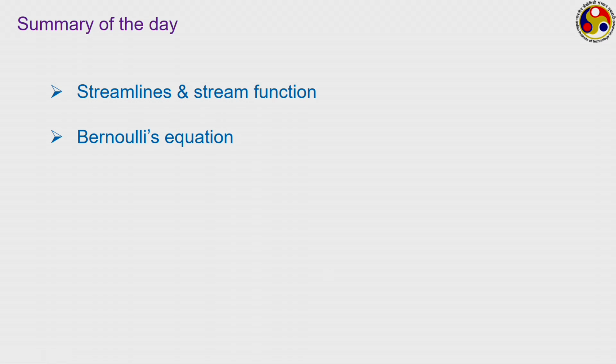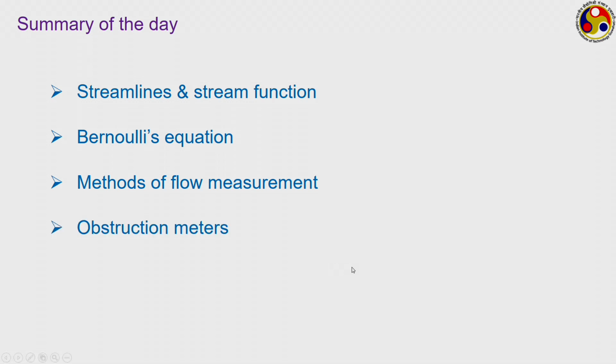So, the concept of streamline is important. We have also talked about the path line and streak line, which are more important for flow visualization. Methods of flow measurement, we have categorized into 4 different categories, and we have discussed one of them, which is the obstruction meter, under which we have talked about 3 tools: orifice meter, flow nozzle and venturimeter.